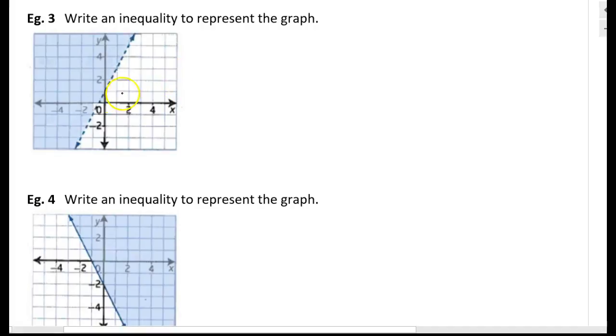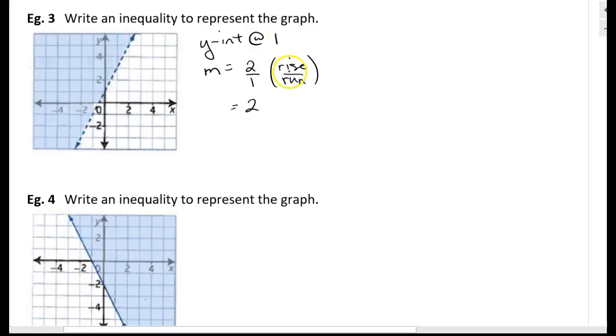So we're going to see that here. Our intercept is at 1. My slope is, from here I go up 2 over 1, so 2 over 1, remember rise over run, which is just positive 2.